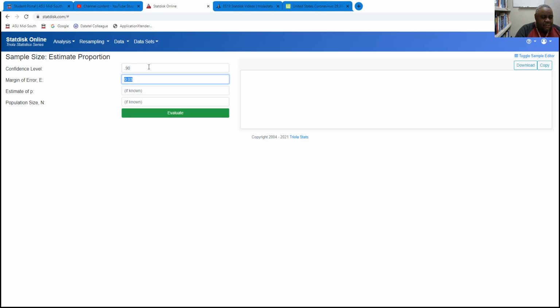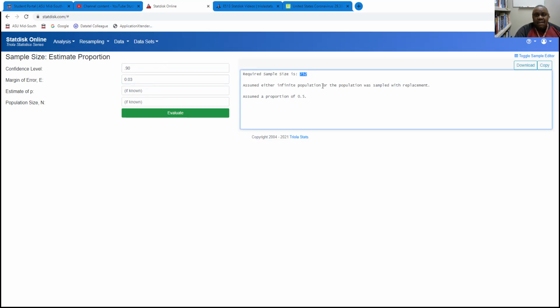And then your margin of error, no more than 3 percentage points. So 3% as a decimal will be 0.03. Now, in part A, we know we have no available information that can be used to estimate p hat, so the estimate of p has to be blank. The population size is always going to be blank. So let's click evaluate. And that would be your required sample size of 752 in this case. So that would be part A.